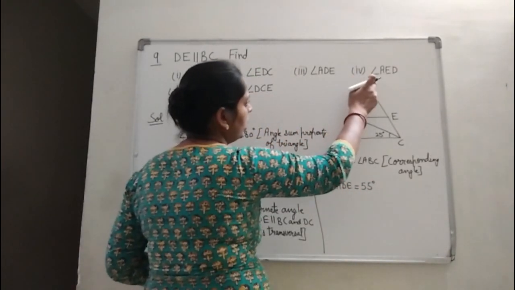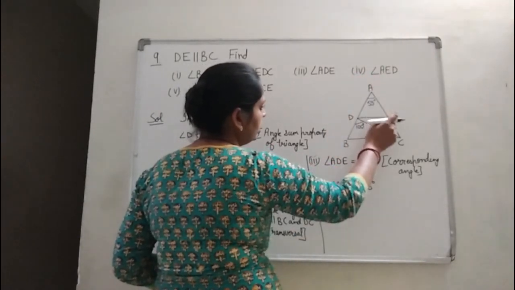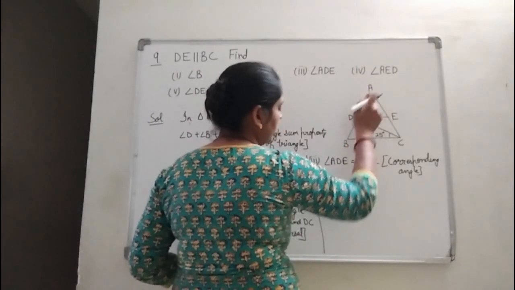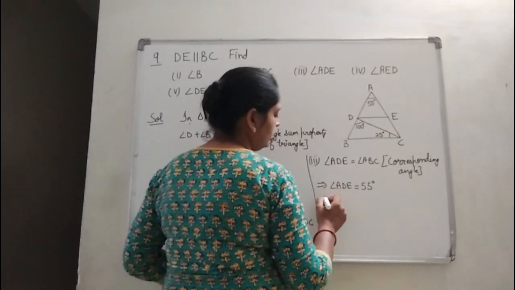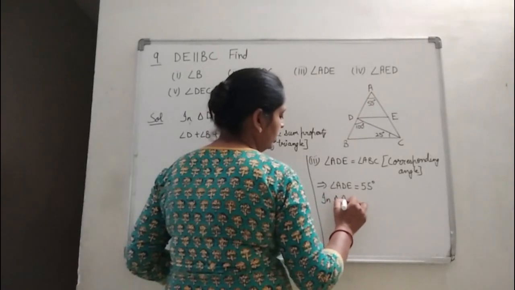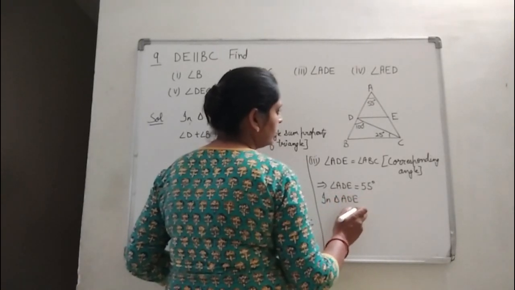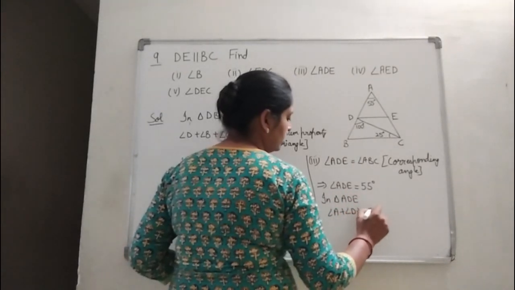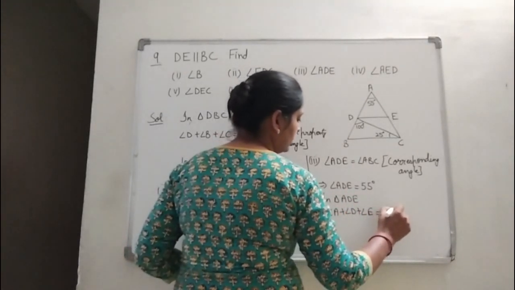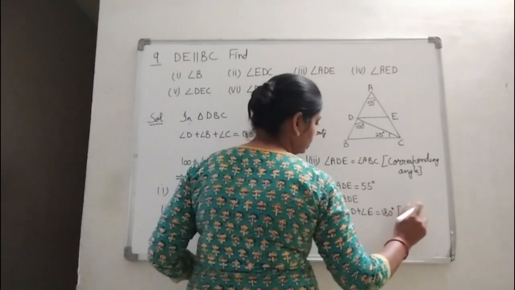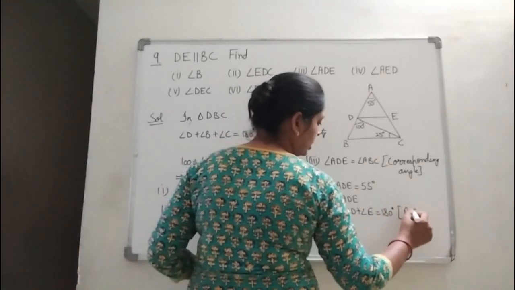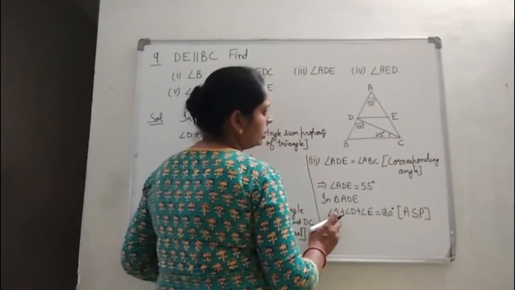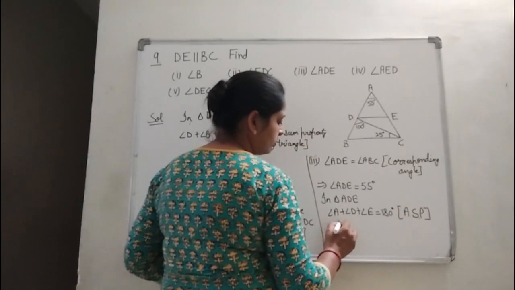See the fourth part, angle AED. AED, this angle they are asking. As we know that ADE is a triangle. In triangle ADE, angle A plus angle D plus angle E should be equal to 180 degrees. Angle sum property. Right? So angle A is 55 degrees.